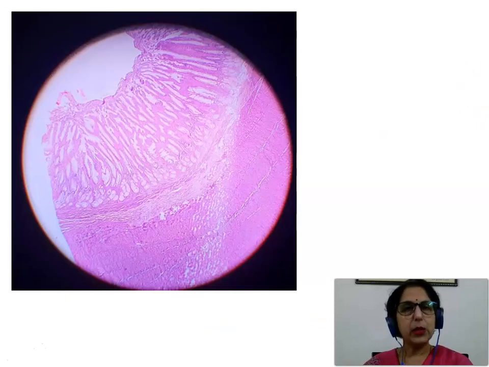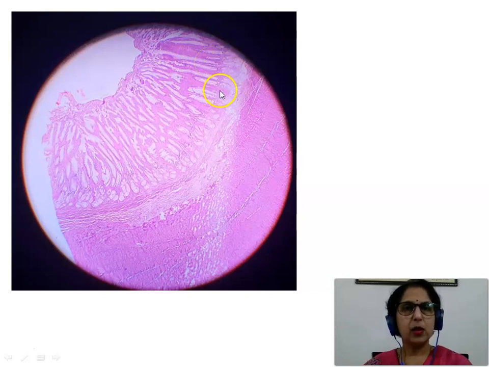Now we see a low power view of a slide of the pyloric part of the stomach. This is the luminal surface. What we see here is the mucosa. We see here the gastric pits, which are deep, occupying almost 2/3 of the thickness of the mucosa.